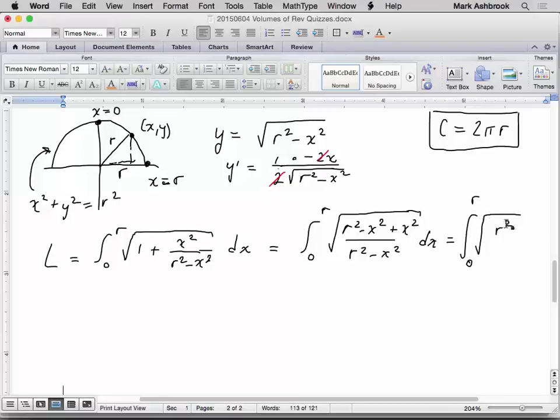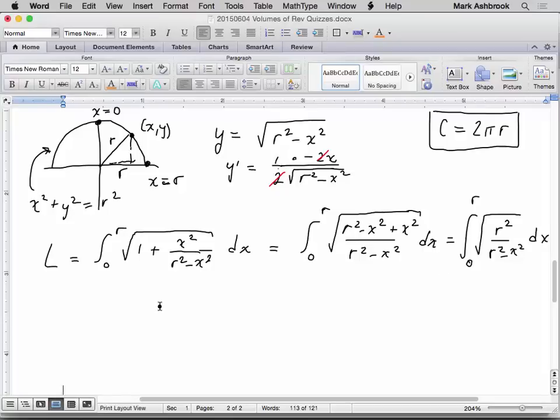So we're just going to have r squared in the numerator over... Okay, and we're really close.